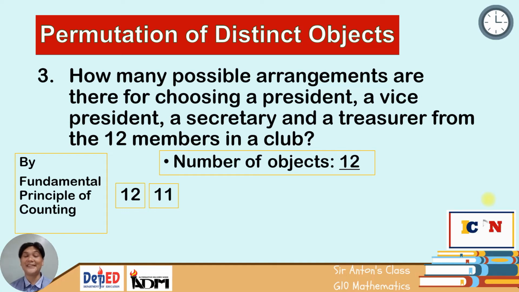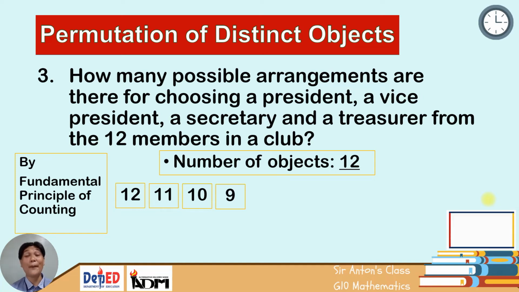Okay, of course, 11. And then, after electing both the president and the vice president, how many people can we choose from for the position of secretary? Okay, 10. Very good. And finally, choosing a treasurer, of course, from 9 people.